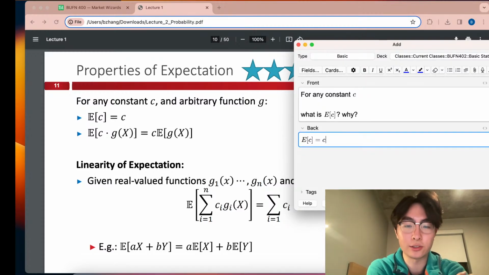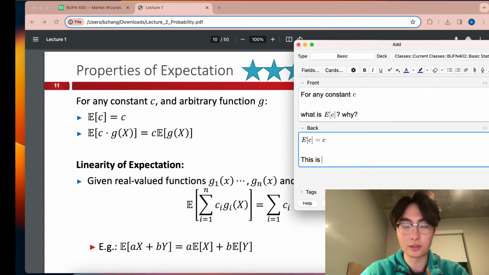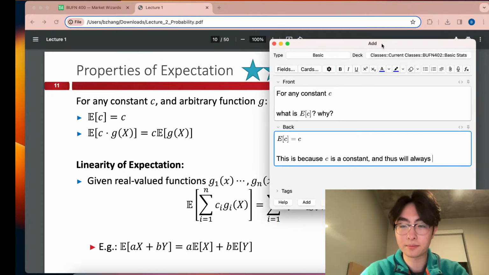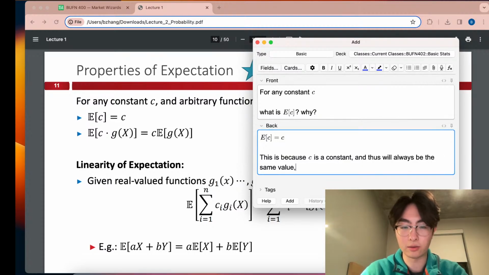Okay, so because c isn't a random variable, it will always happen. This is because c is a constant, and thus will always be the same value.